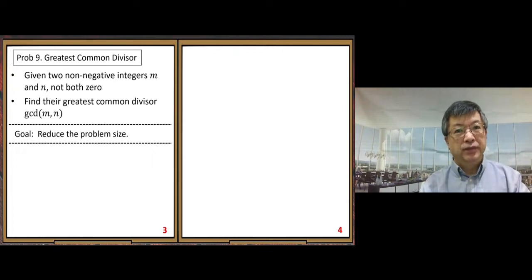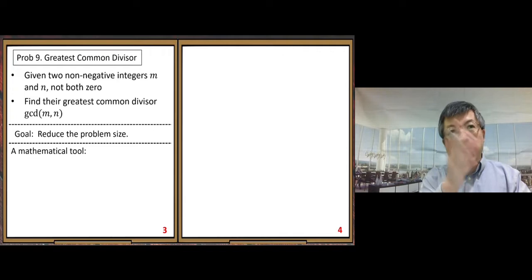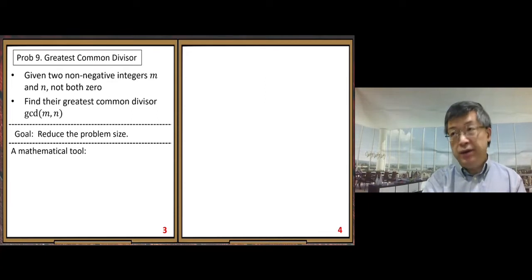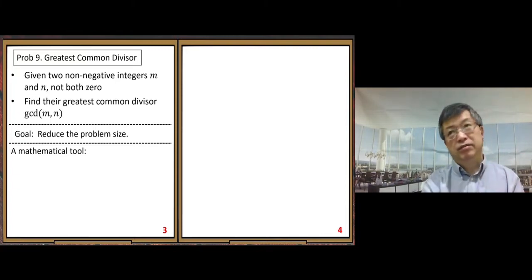But in order to do that, we need a special mathematical tool. This mathematical tool is critical here. Without this tool, we cannot reduce the problem size. Every one of you is familiar with it, but I just point it out because it is critical here.